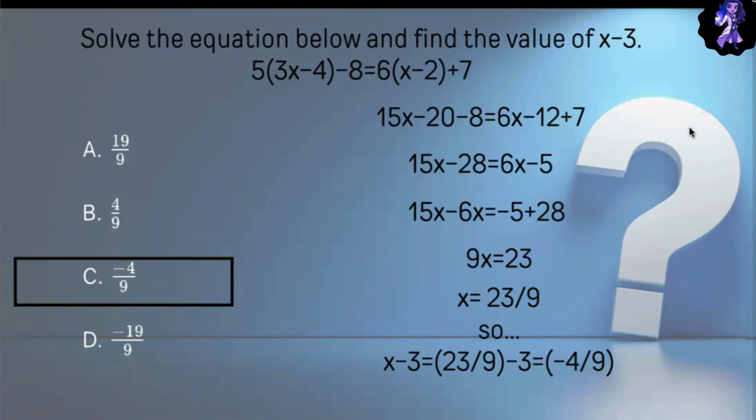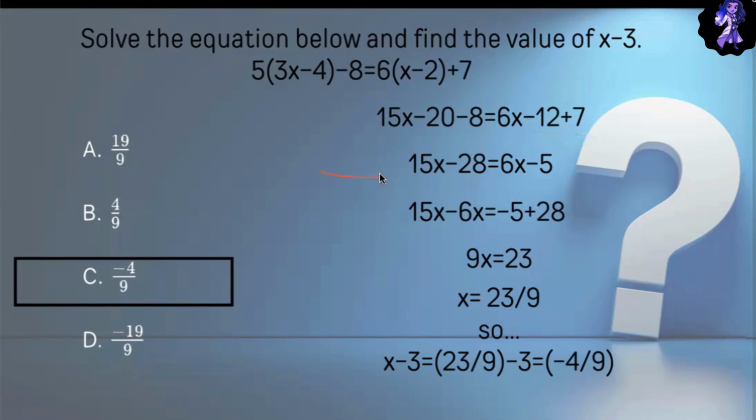Because we don't really have multiplication and division by itself, we really just have to combine like terms that are there on the same side. So we have negative 20 and negative 8 that combine together. That gives you negative 28. We want to go ahead and combine negative 12 plus 7, and that gives you negative 5.